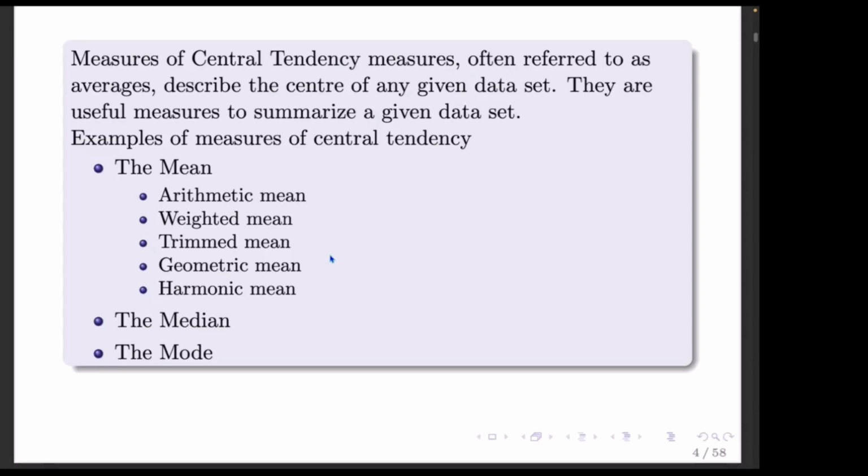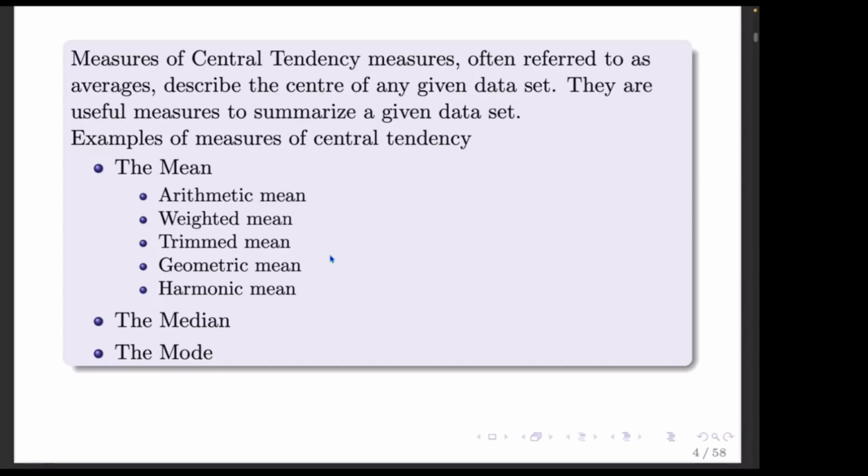Under the geometric mean, if you are finding the mean for just 2 data points, you take the square root of the product of the 2 data points. Let's say you have 2 and 8. You multiply 2 by 8 and you get 16. The square root of 16 is 4, and that will be your mean.